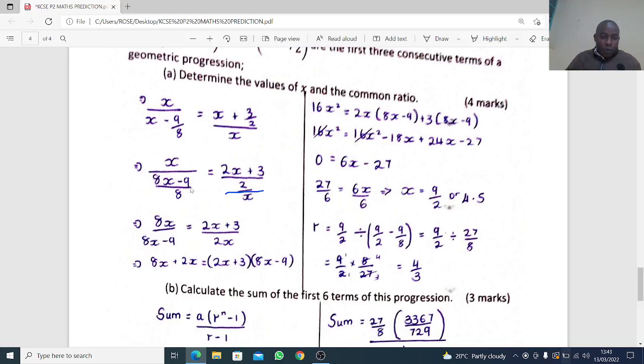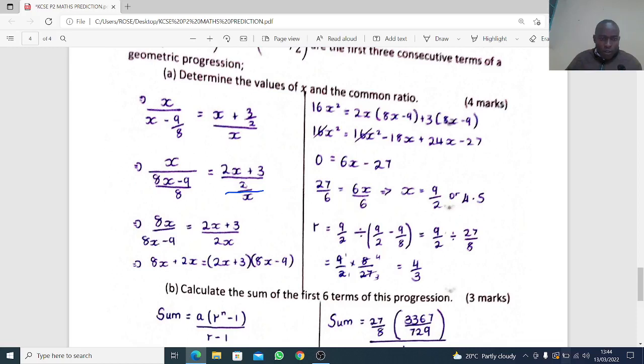If we cross multiply, first of all, this side is a division: x divided by 8x minus 9 over 8 is the same as x times 8 all over 8x minus 9, which is 8x all over 8x minus 9.